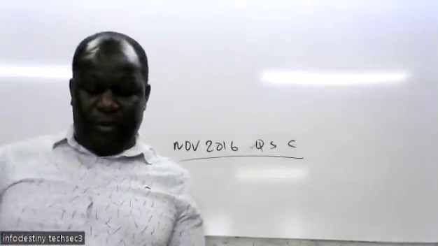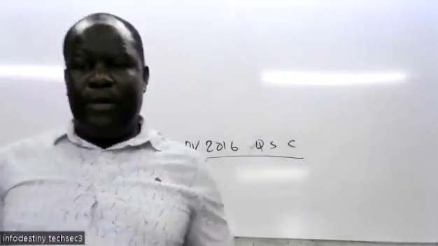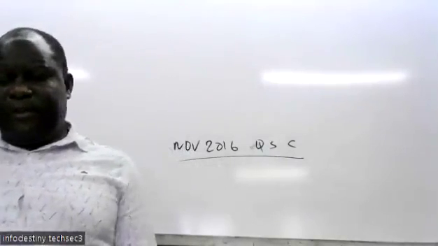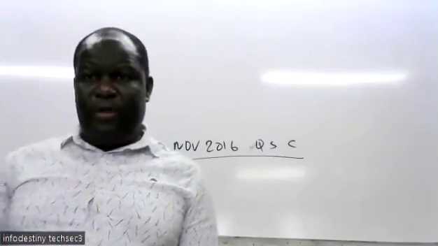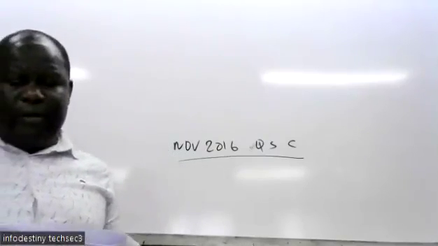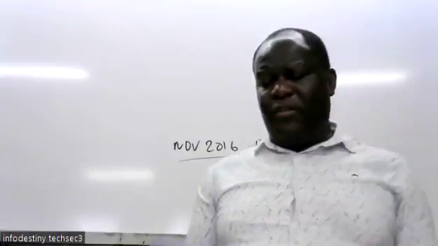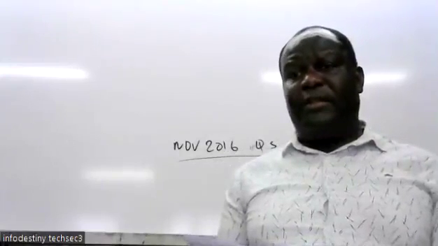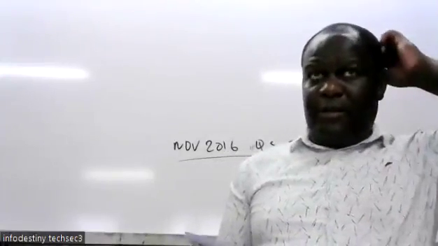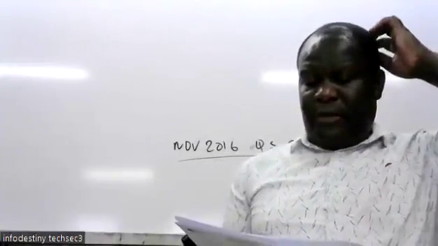So you can see the question. That question for November 2016, question 5C, was able to read that the following data was extracted from the financial statement for the year ended 30th September 2016.